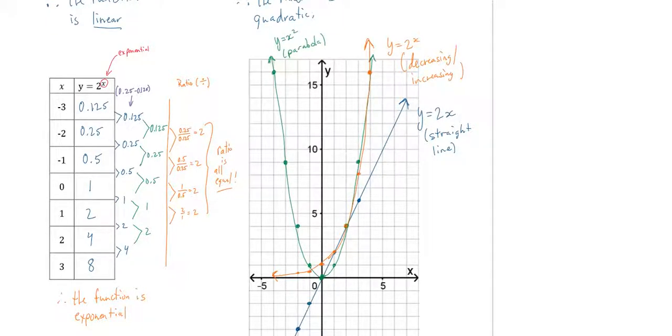And if it looks like that exponential curve that's always increasing or always decreasing, then it's exponential. So we have determined how we can find what type of function it is from a table of values, from the equation, and also from just the graph.